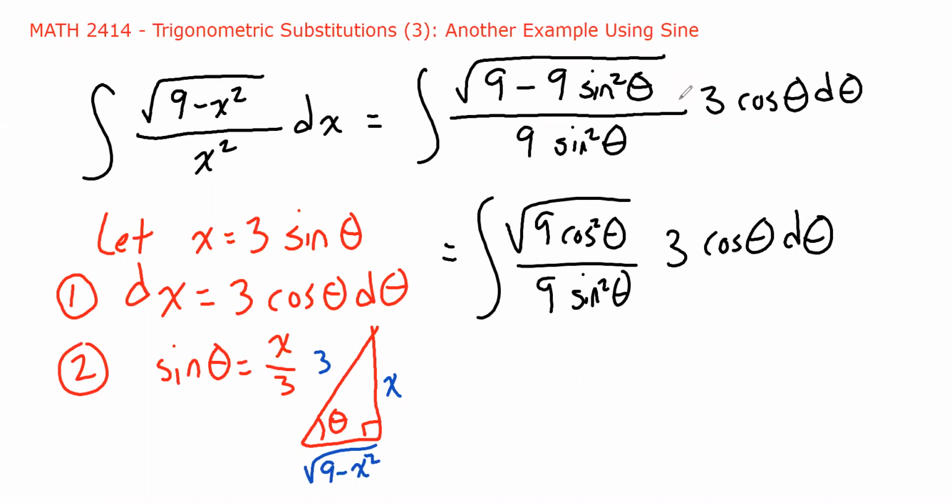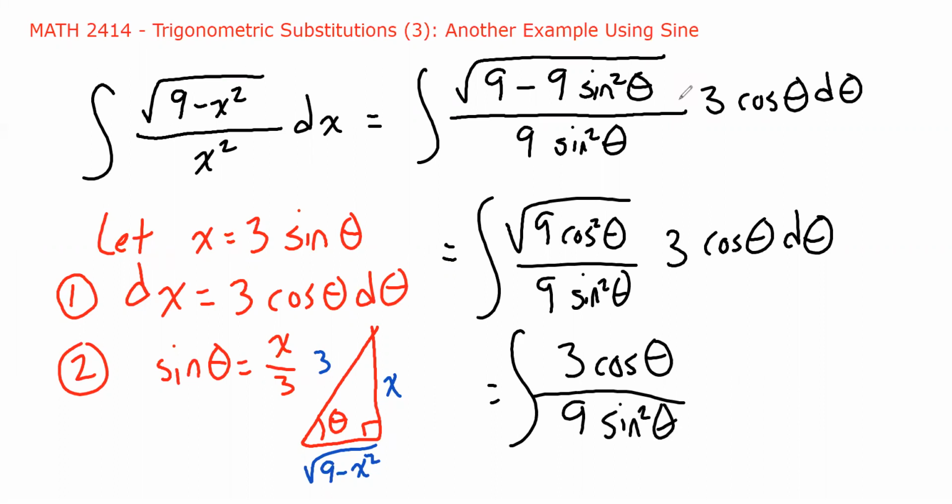Luckily, everything under the square root will square root nicely. On the top, the square root of 9 is 3. The square root of cosine squared is cosine of theta, with the right restrictions on theta. We have a 9 sine squared in the denominator, and we still have this 3 cosine over here just waiting to do something. All right, let's see how this cleans up.